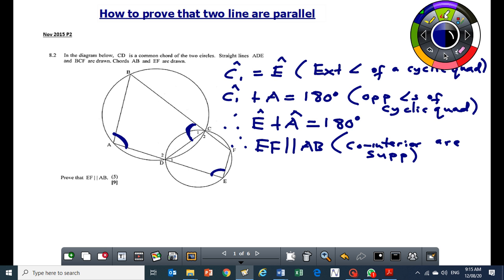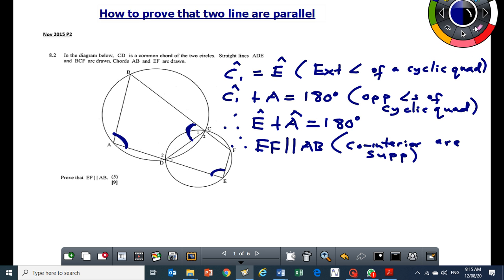Anyway, so when you are proving that lines are parallel, this is how you do it. Right? It's 5 marks. If I'm the examiner, I'll give a mark for that reason, a mark for this reason, a mark for that statement, and a mark for that statement.